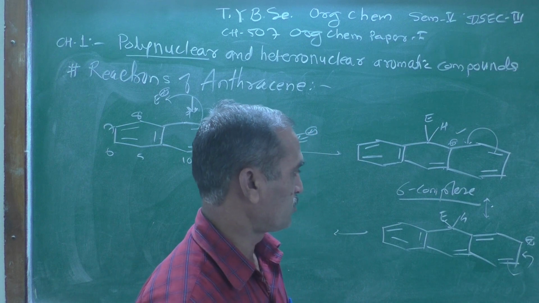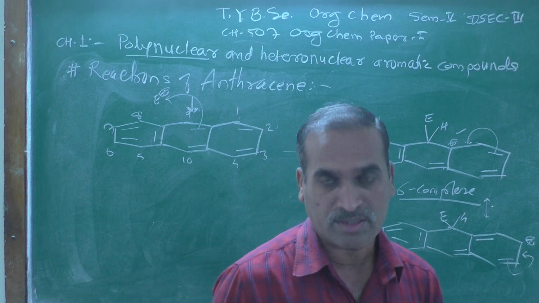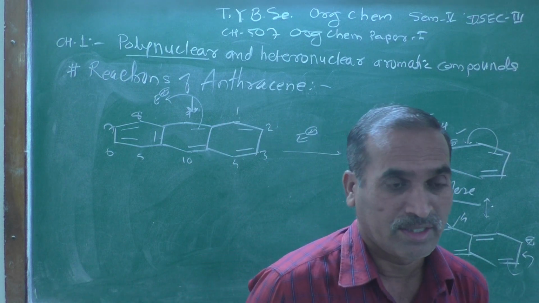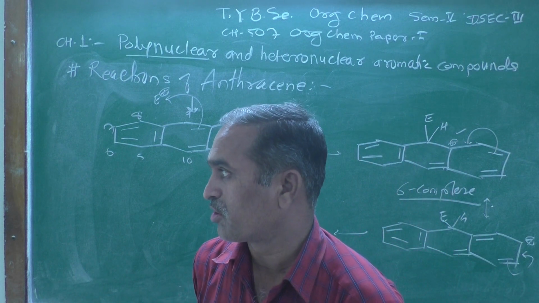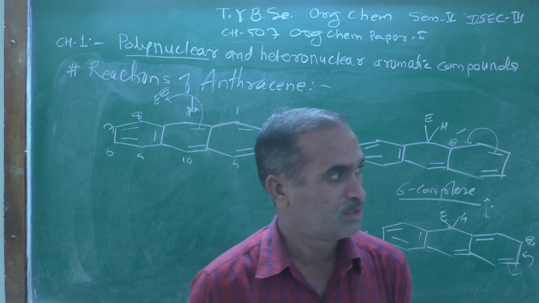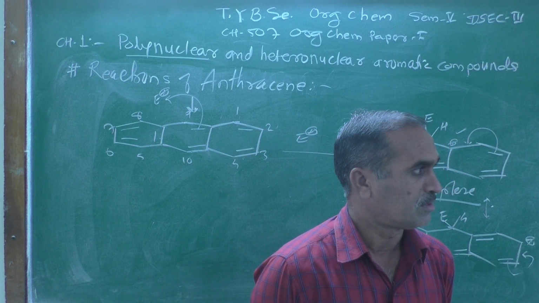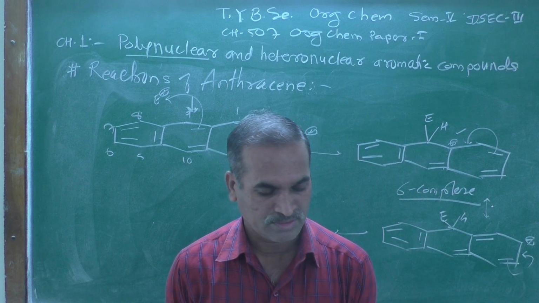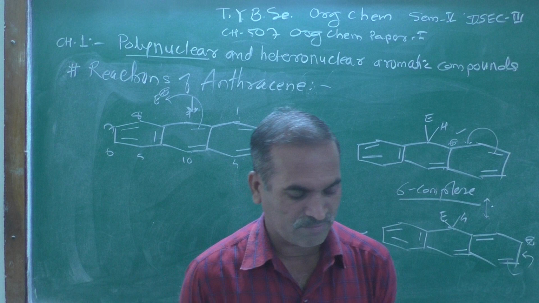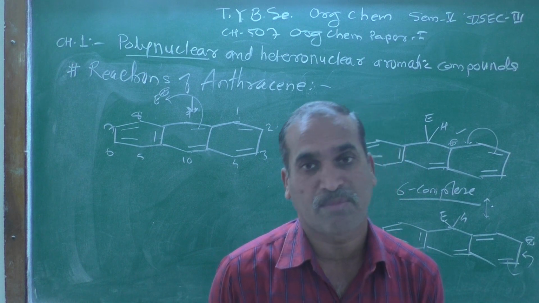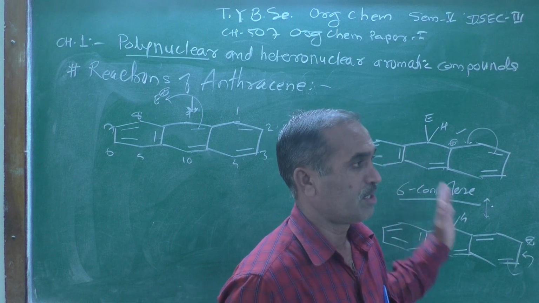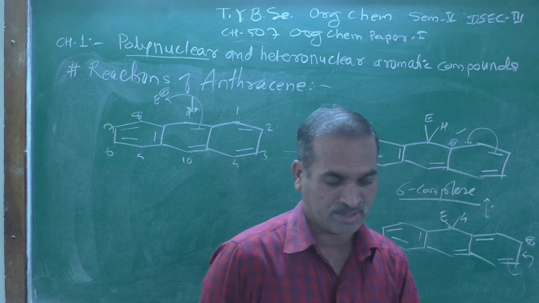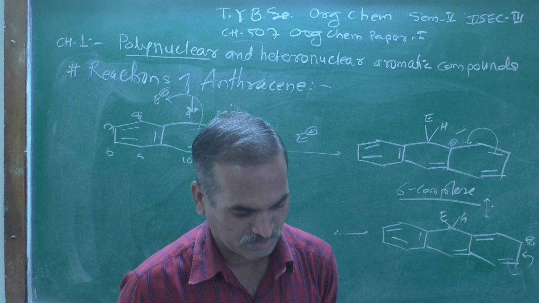Likewise you can show the resonating structures of that compound. So this is a sigma complex. Why is the 9 position of anthracene more reactive? The reason behind it is the stabilization of the sigma complex, which I have tried to represent over here, showing how the sigma complex is formed.